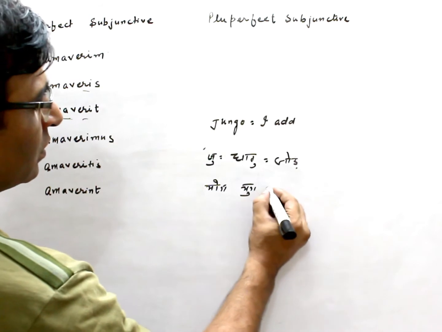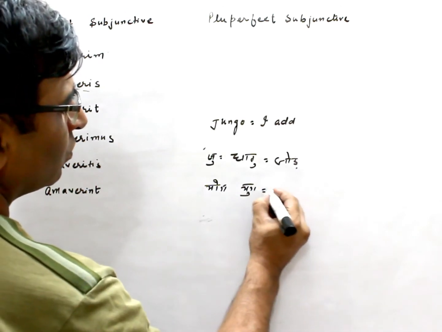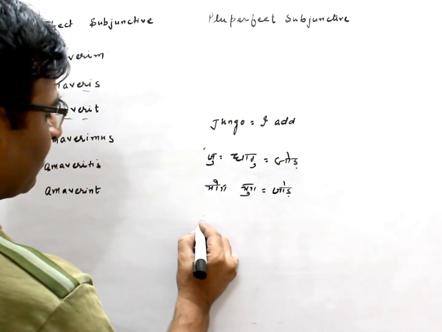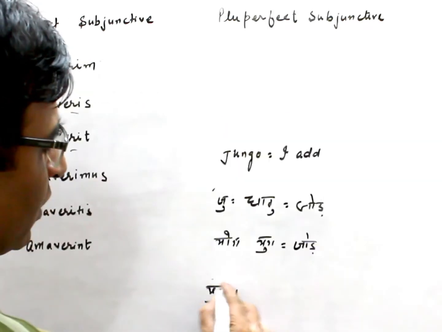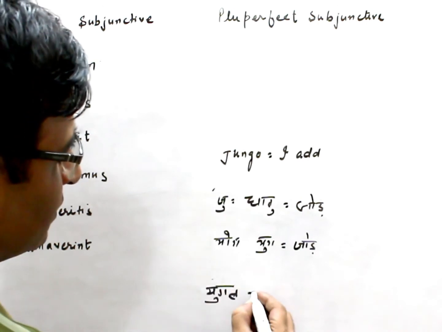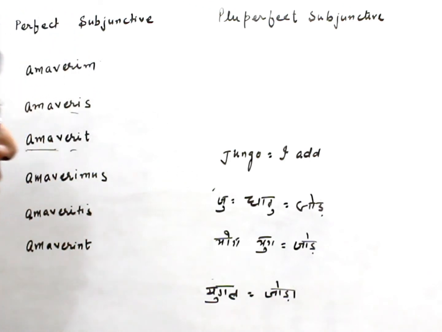So yug also means jod. An example is yugal. Yugal means joda. Okay.